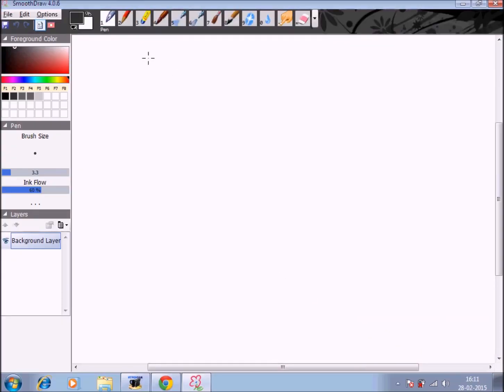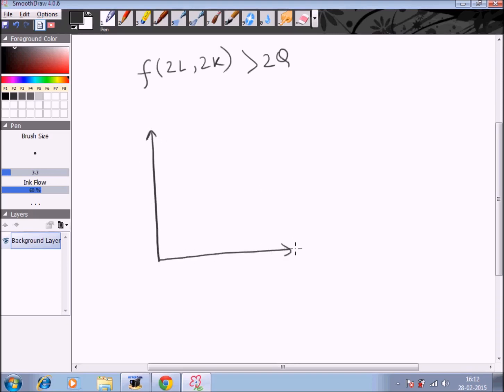See, in this particular case, suppose the production function is given by 2L, 2K, that is, we are doubling the use of labor and capital, the output will be less than doubled. So this is what happens in case of decreasing returns to scale. If we try to exhibit it with the help of a graph, it will be like this. On the x-axis, we take labor.